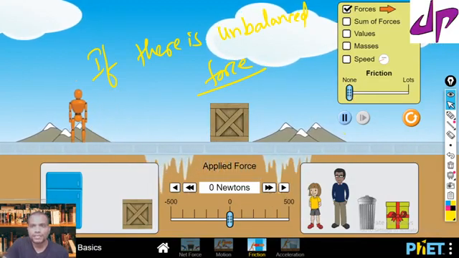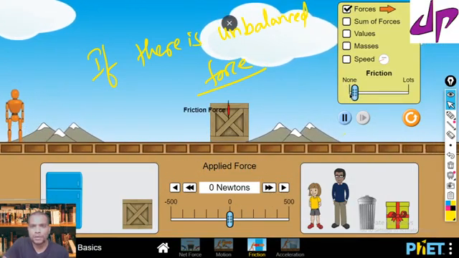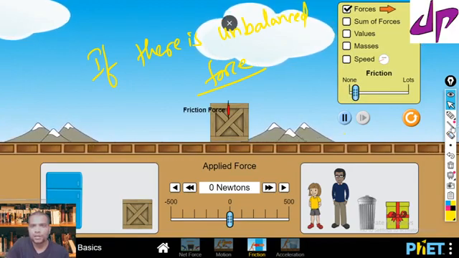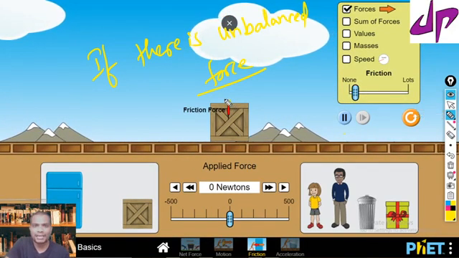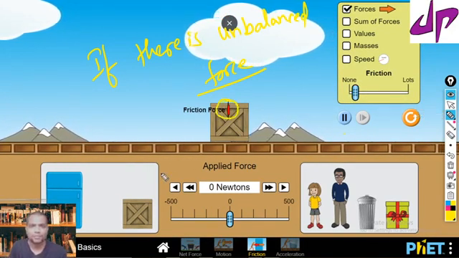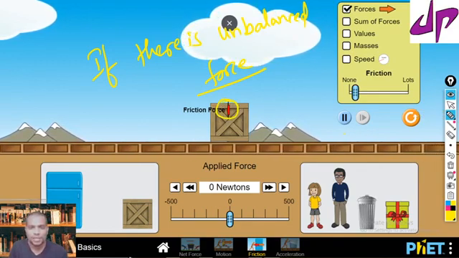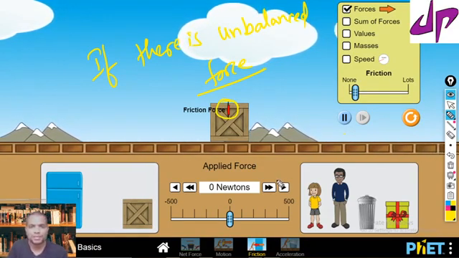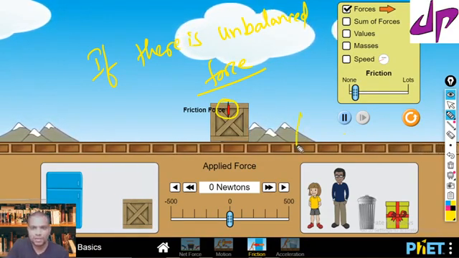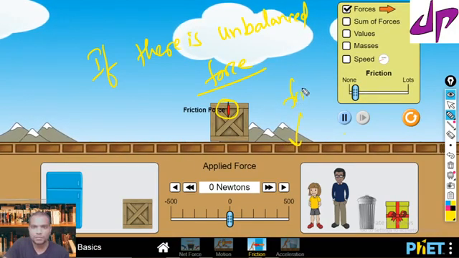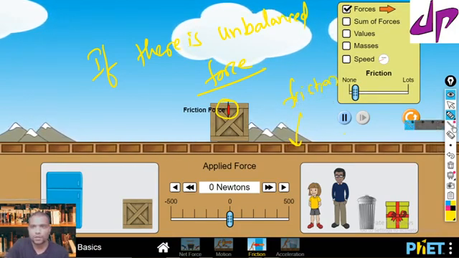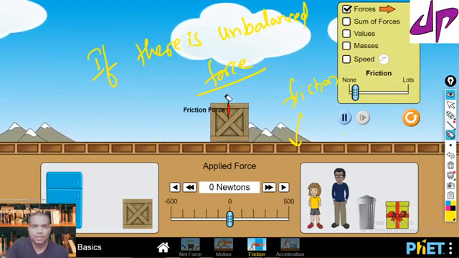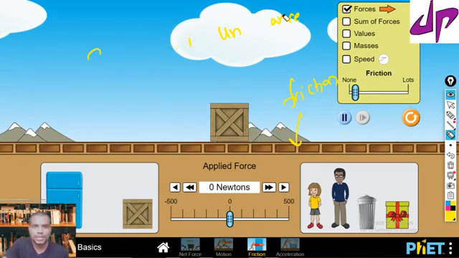Or I can increase the friction. Now if I am applying the friction, you can see friction is acting in the opposite direction. Now this surface is having friction. Do you notice? Did the box come to rest?